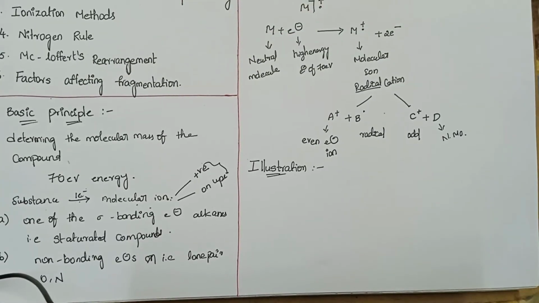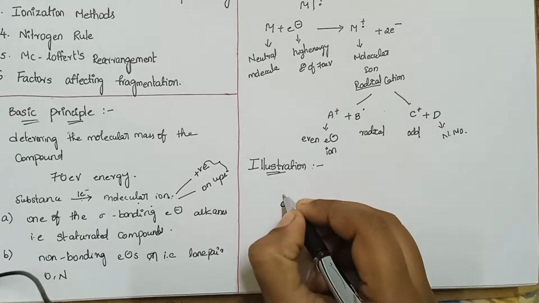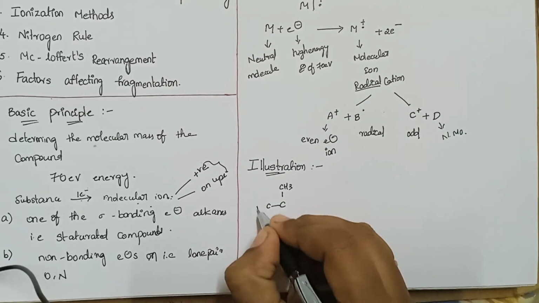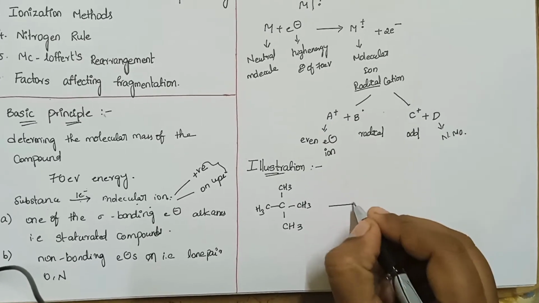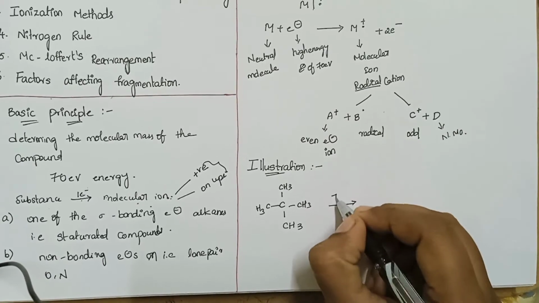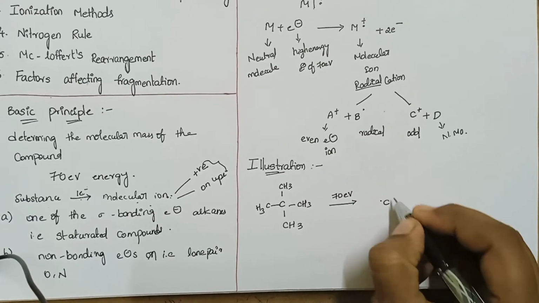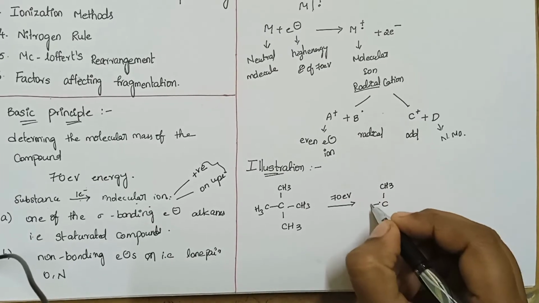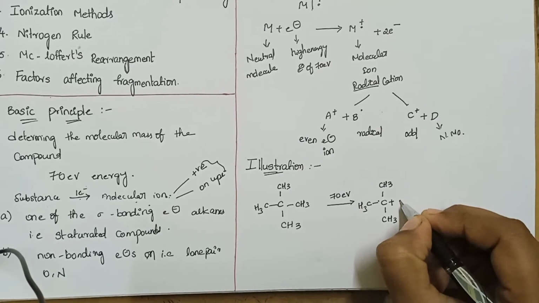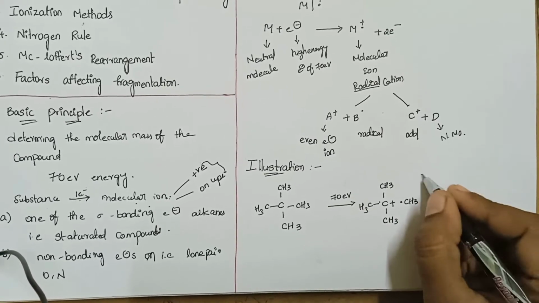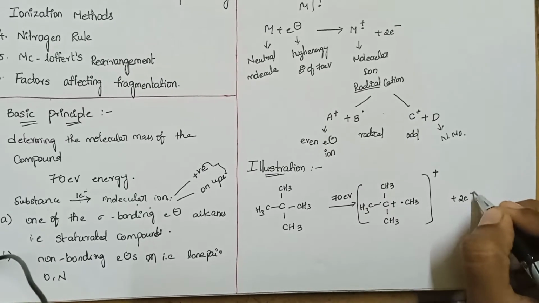Okay, so next illustration. We'll take neopentane, C(CH3)4. A high energy electron of 70 electron volt forms the molecular ion, (CH3)3C plus radical CH3, plus 2 electrons.